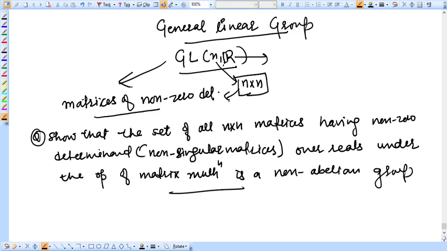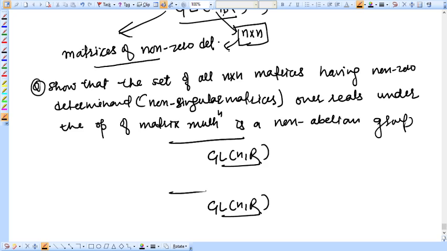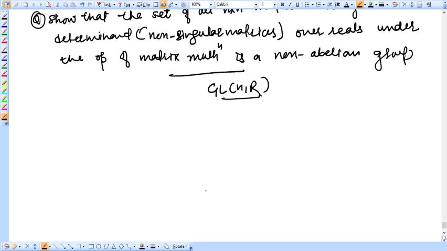Non-singular matrices are those matrices whose determinant is not equal to 0. This group is known as the general linear group, represented by GL n R. Now we are going to prove this result.